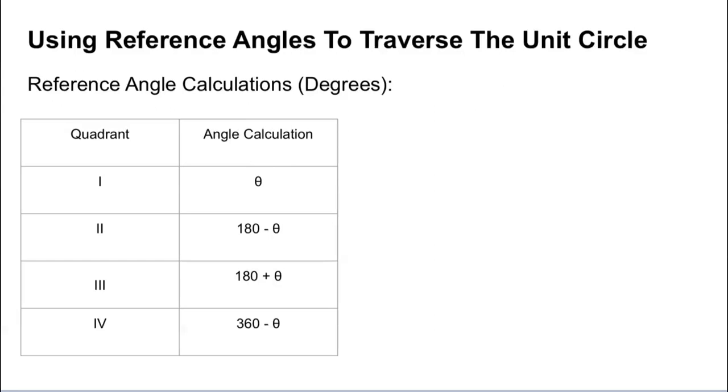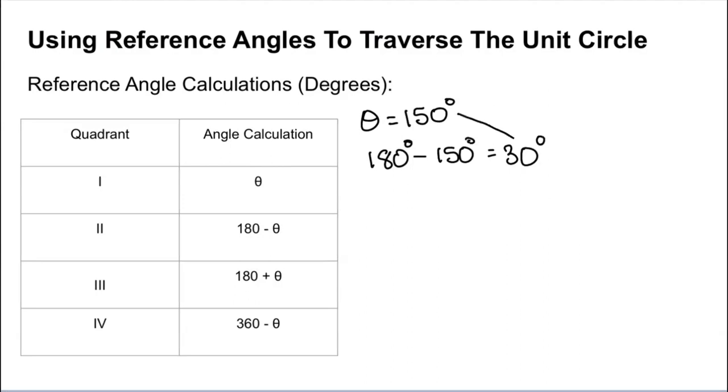So let's say we have the angle theta is equal to 150. We can use 180 minus theta, which is 150, to get 30. So let me just add these little degree signs. The 150 directly corresponds to the 30 degrees.